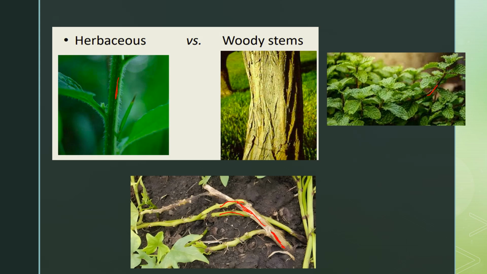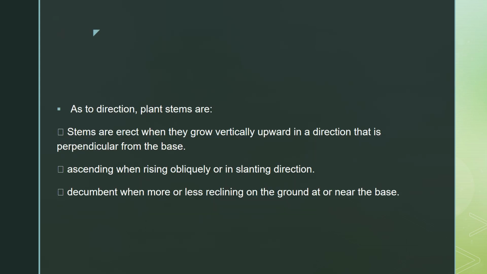As to direction of the stems, plant stems are classified into erect. You can say this stem is erect when it grows vertically upward. When it grows vertically upward, we can say this one is an erect stem.